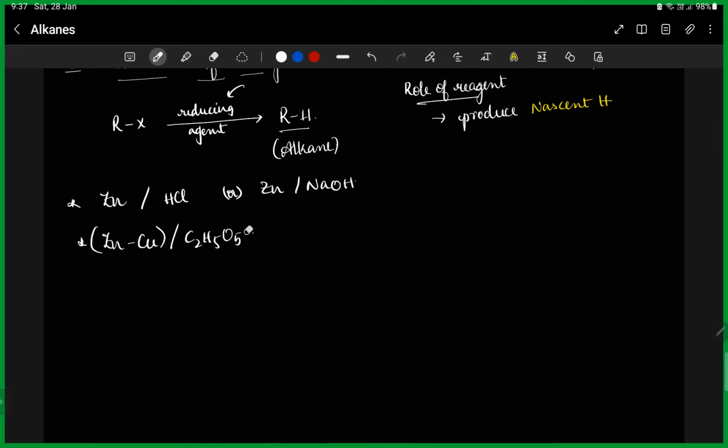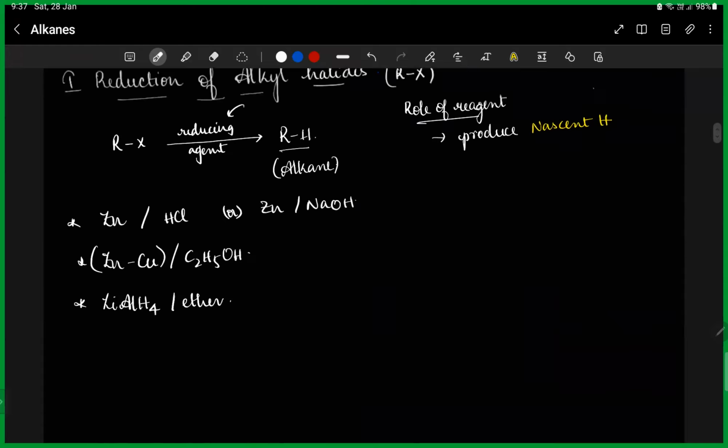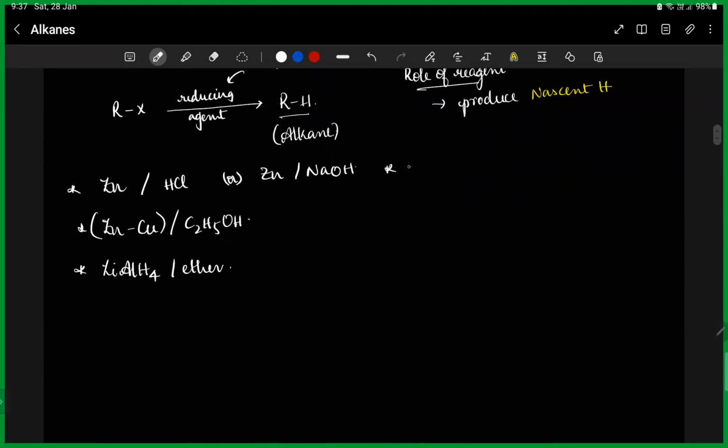All these reagents are important. We have LiAlH4 and ether. And then we have NaBH4 with ethanol.